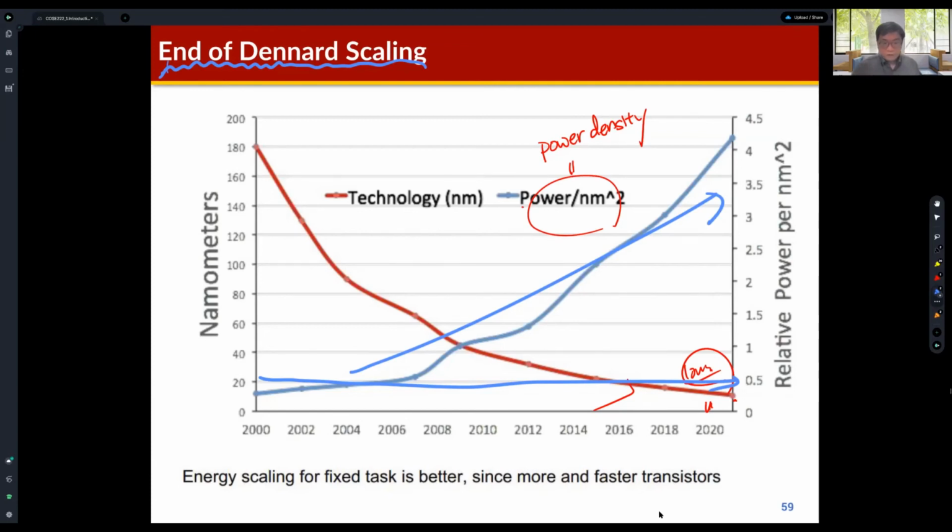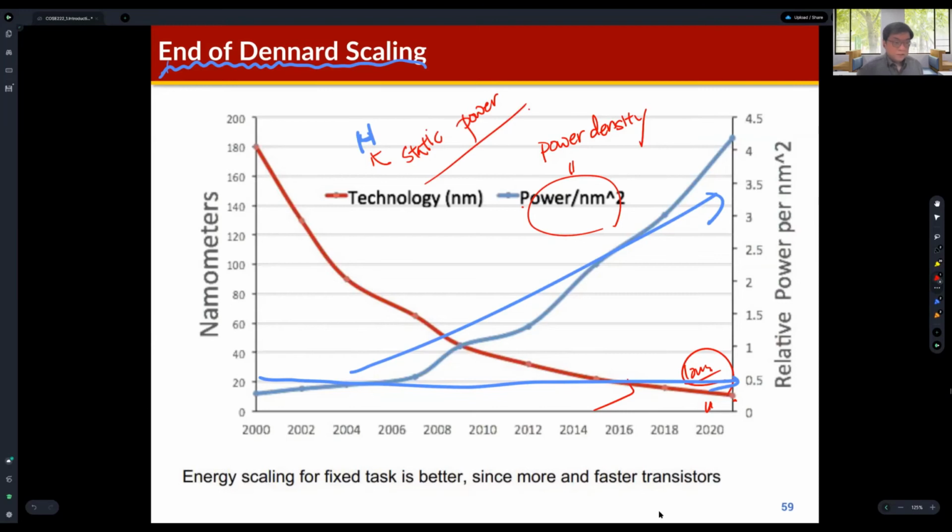But as the technology node is advanced, that means the channel width is shrunk, power is consumed even if the CPU is not working. This power consumption is called static power.